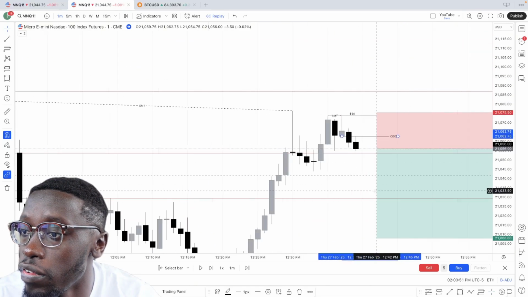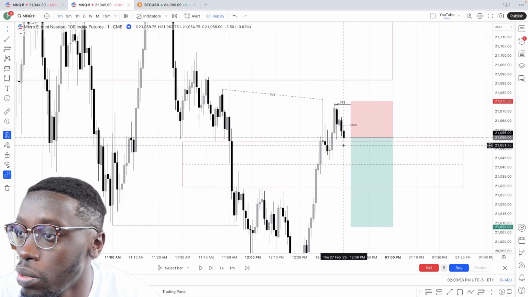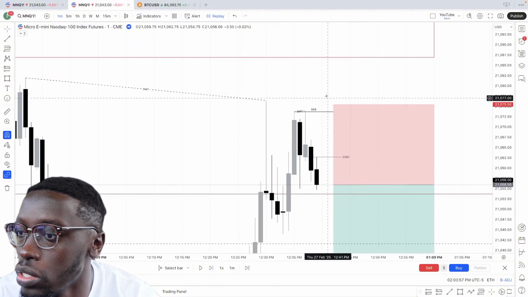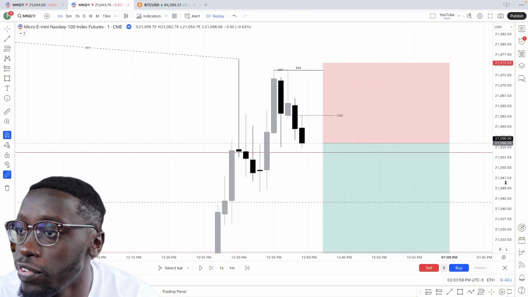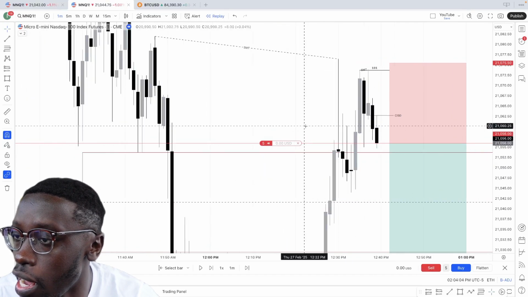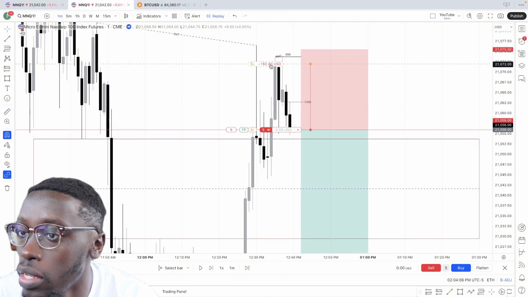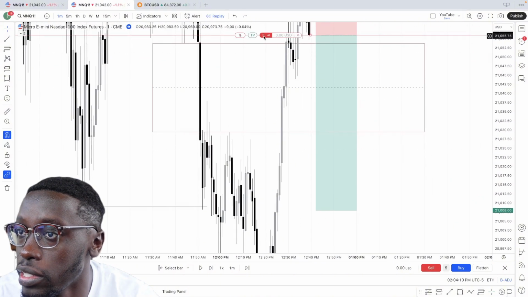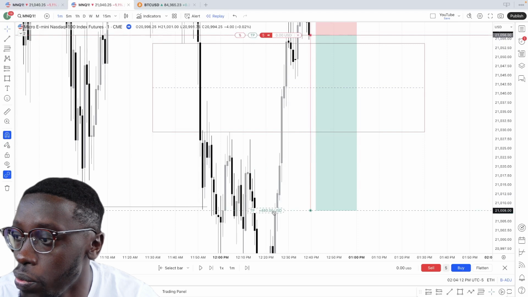Remember, we're in this 15-minute fair value gap here. We're above it, but on the 15, we still hadn't closed outside of it, so this is all wick on the 15-minute. So we retest that change of state perfectly. I enter short here with 5, stop loss above this high. So again, less than 20 points I'm risking, targeting internal liquidity here.